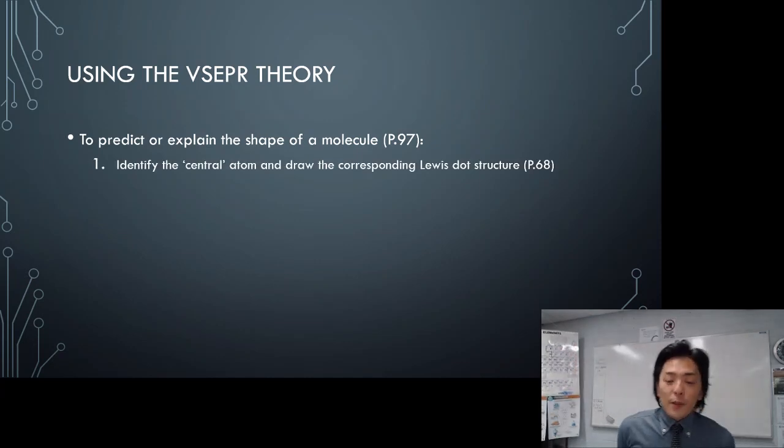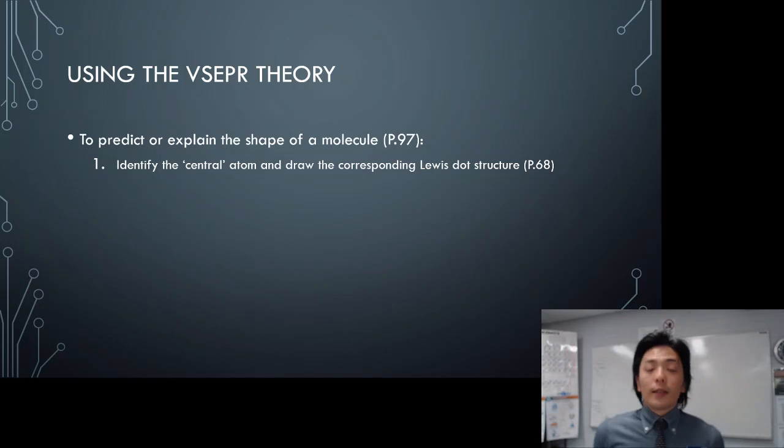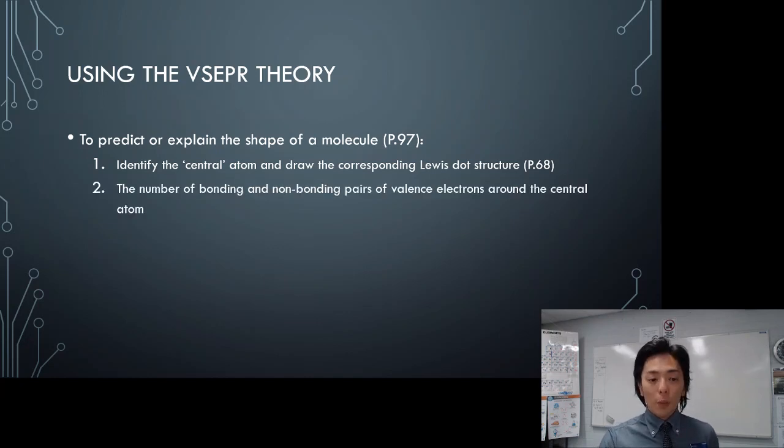Alright, using the VSEPR theory, what you can do is predict and explain the shape of a molecule. So you need to identify the central atom for a molecule and draw the corresponding Lewis dot structure. Now, I hope you can draw Lewis dot structures for molecules. And the number of bonding and non-bonding pairs of valence electrons around the central atom.